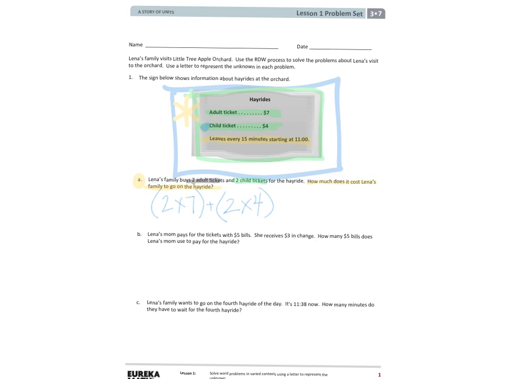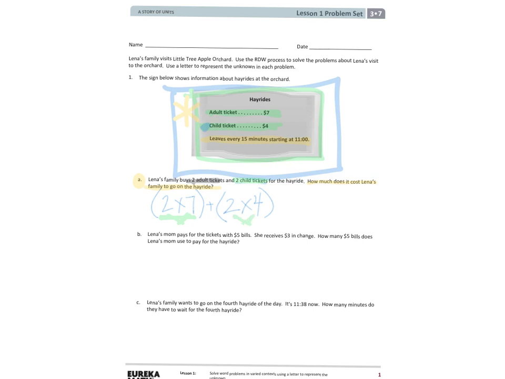So we can look here once again. I have my first problem: 2 adults times $7 for a ticket. So we're going to find out how much it'll cost for the adults. And then we're going to figure out the cost for the kids. So we have 2 kids times $4 each.